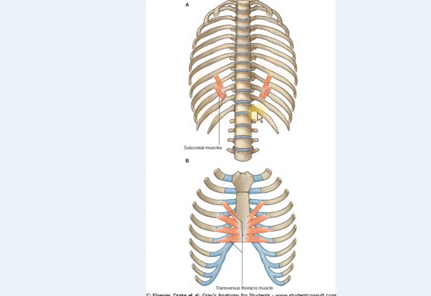In this picture you can see this is the posterior part of the thoracic region, and these subcostal muscles extend from the internal surface of one rib to the internal surface of the second or third rib below.